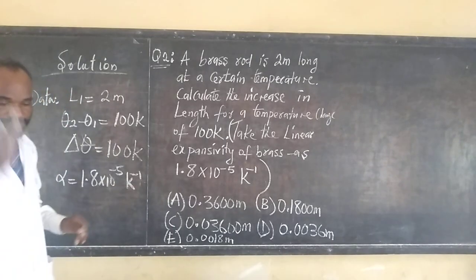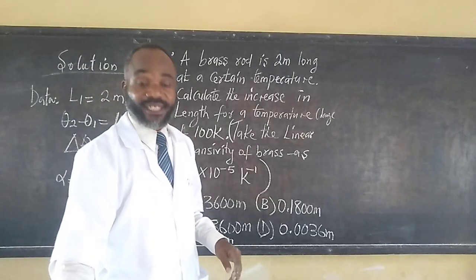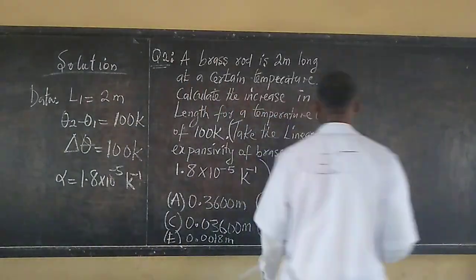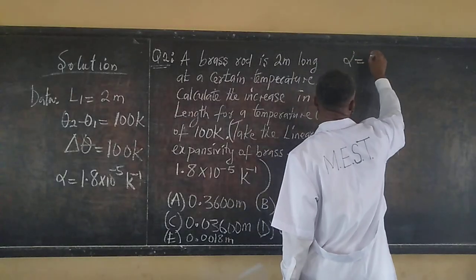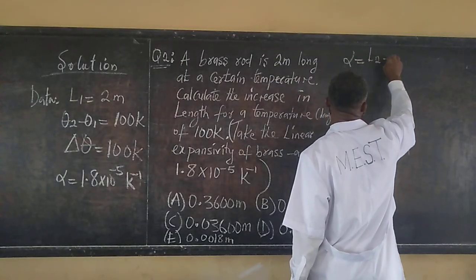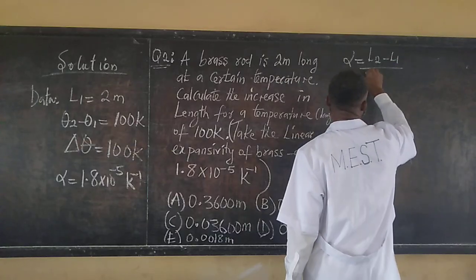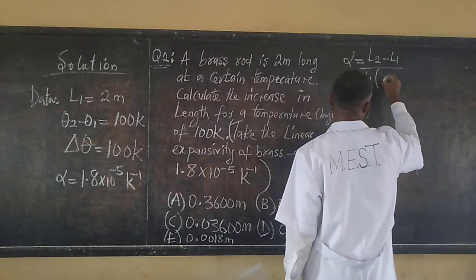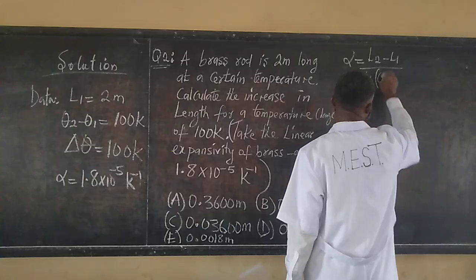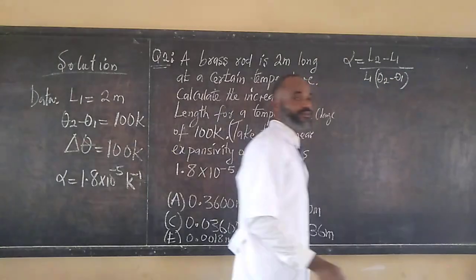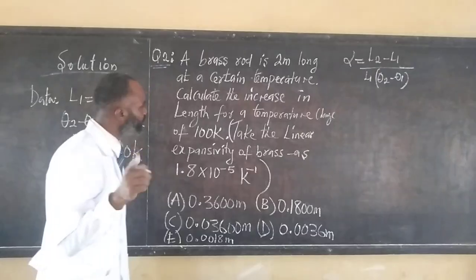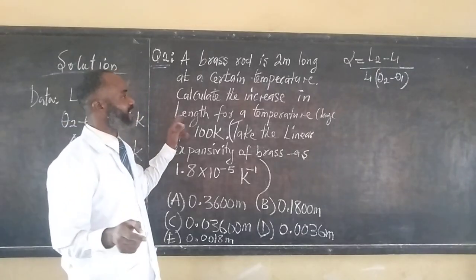Alright, so what next? We state the formula. The formula we are going to use is still linear expansivity is equal to change in length over original length and then temperature change, which is theta 2 minus theta 1. That is it. But we are asked to calculate the increase in length.